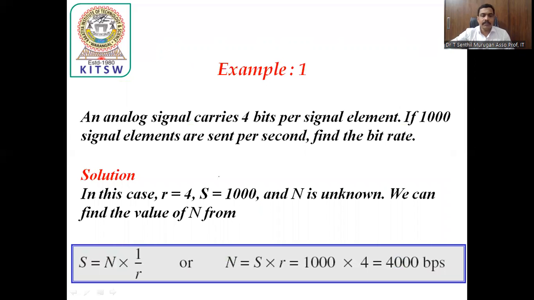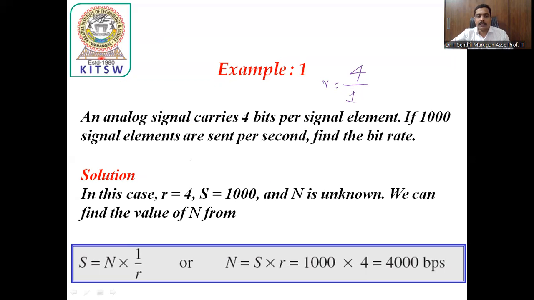In this example, an analog signal carries 4 bits per signal element. That means 4 by 1, so 4 data elements per 1 signal element, R equal to 4. If 1000 signal elements are sent per second, find the bit rate.